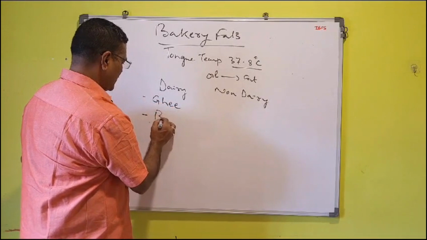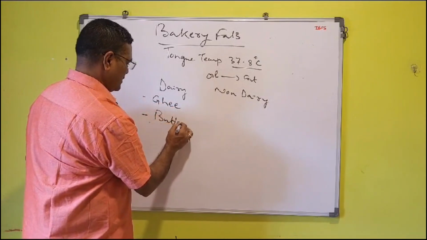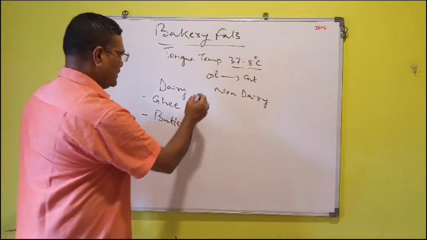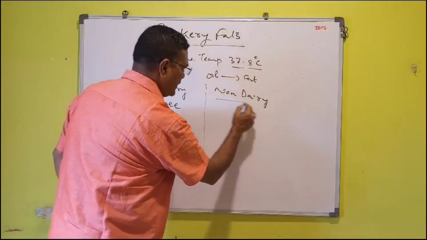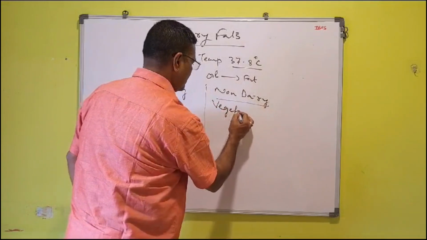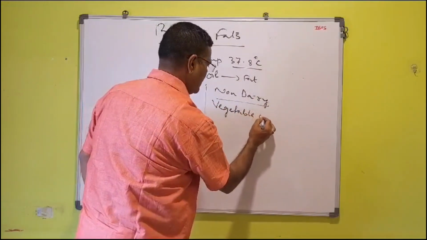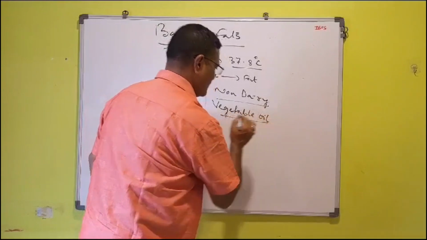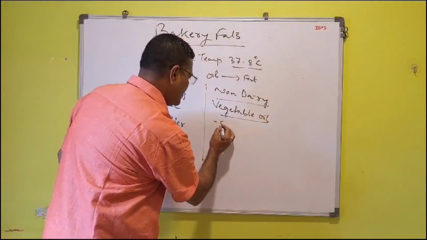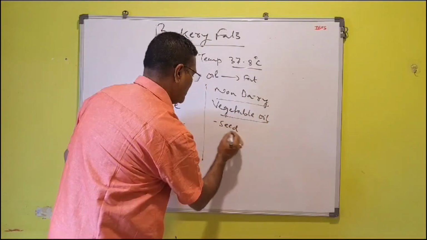Then you have butter, salted or non-salted. When we talk about non-dairy, the origin is vegetable oil. This vegetable oil can be seed or fruit.